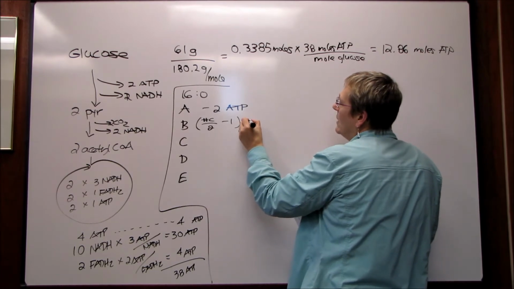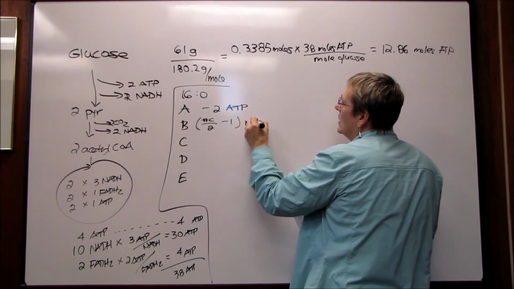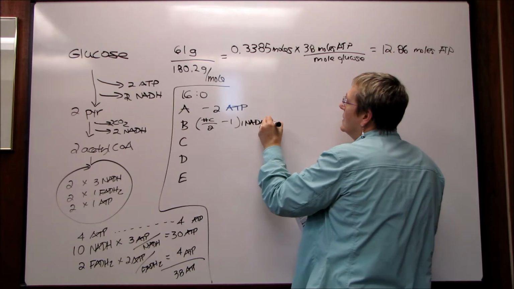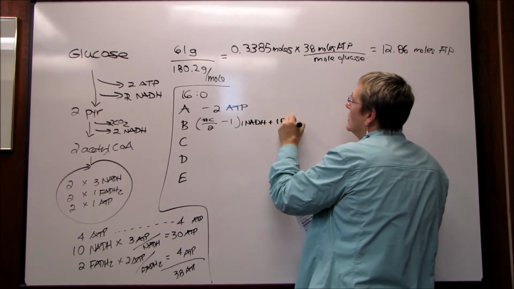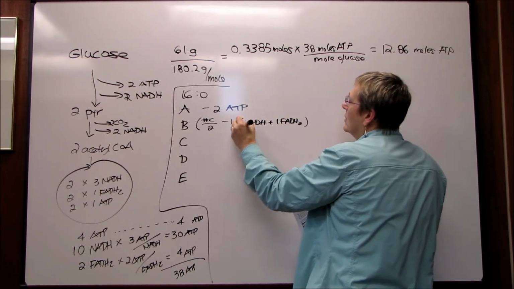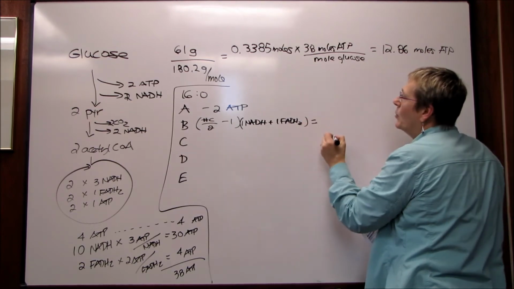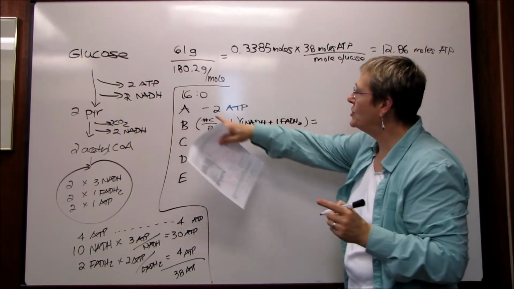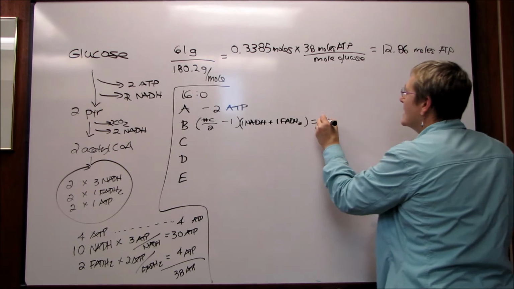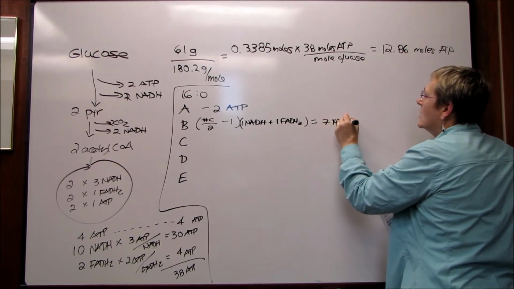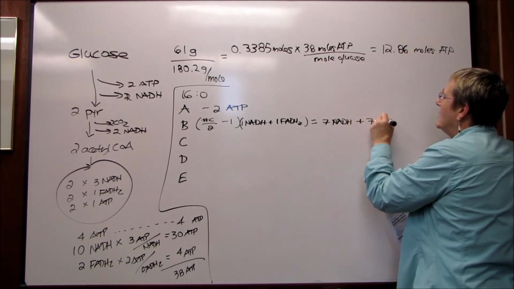Okay? And each round gives me an NADH and an FADH2. Okay? So I end up with, I would do then 7 rounds, so I'll get 7 NADHs and 7 FADH2s here.